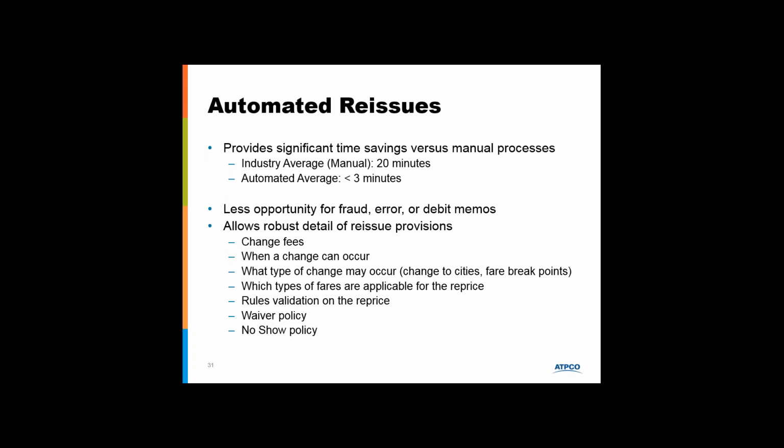Automated reissues, the biggest one that is a time-saving factor for airlines, and this is where in a reissue, instead of doing a manual process, the category will dictate how a reissue can occur, what new fare can be used in a replacement, what fee to charge, if they have waiver policies, no-show policies that are different from other reissues.